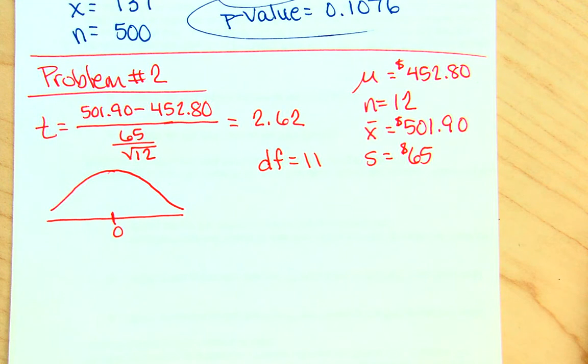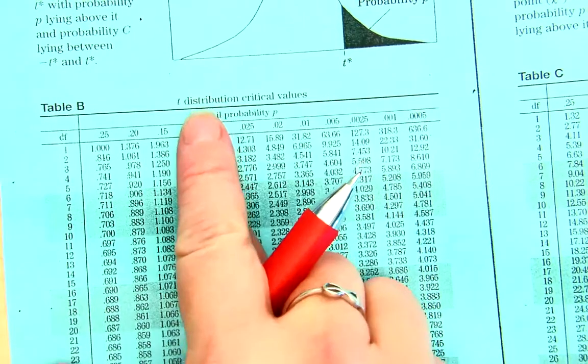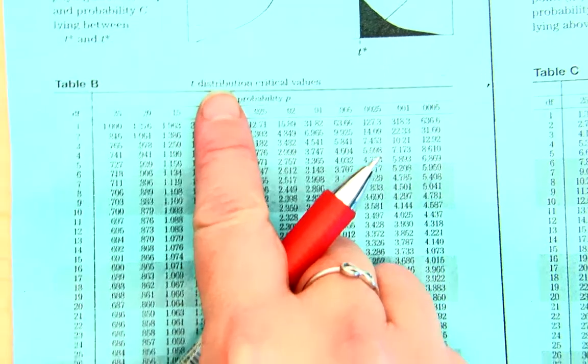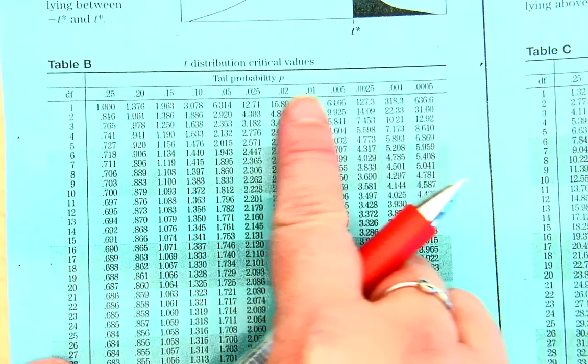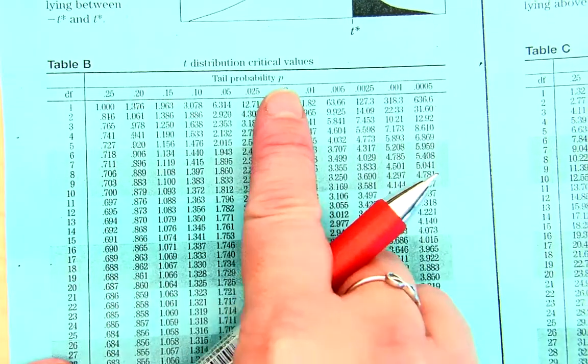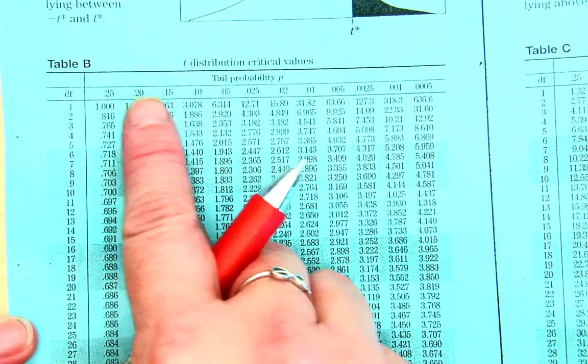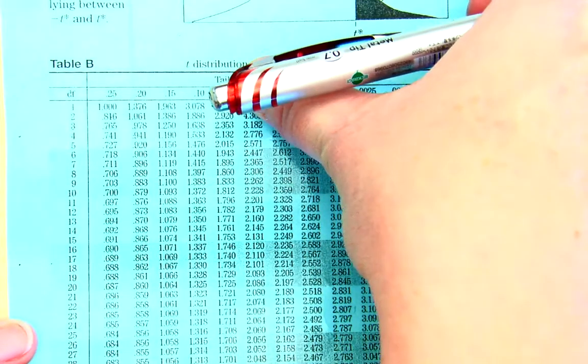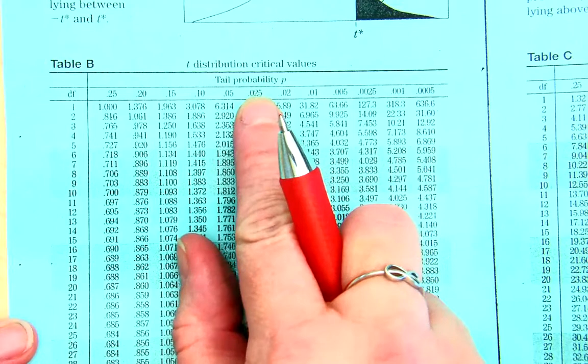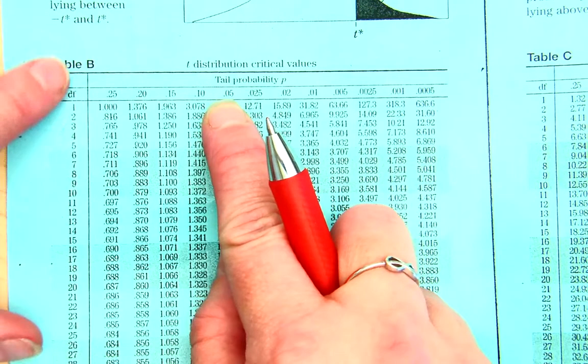When you look on your table, at the T table, so when you look at the one that says T distribution, you'll see across the top all of these different tail probabilities. This is our alpha level. Okay? So if I want an alpha of 0.05, I'm looking right here at 0.05, and I want degrees of freedom.